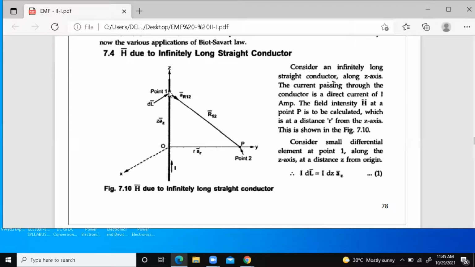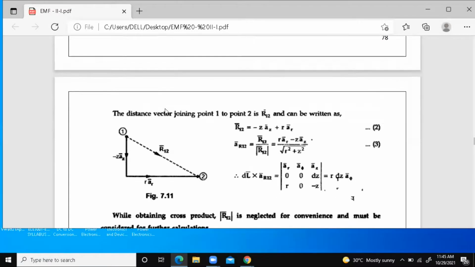So your dL is your dZ. So here is your differential element. This is your origin, this is your coordinate system, X, Y, and Z. So your vector R12, look at it: minus Z aZ plus R aR.